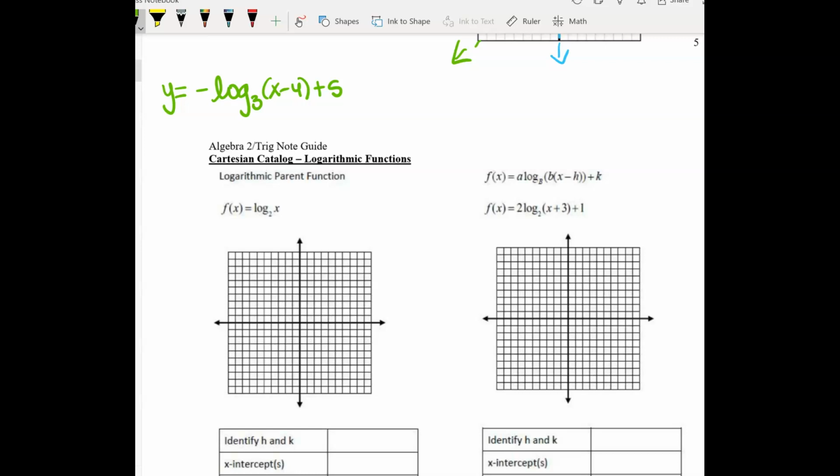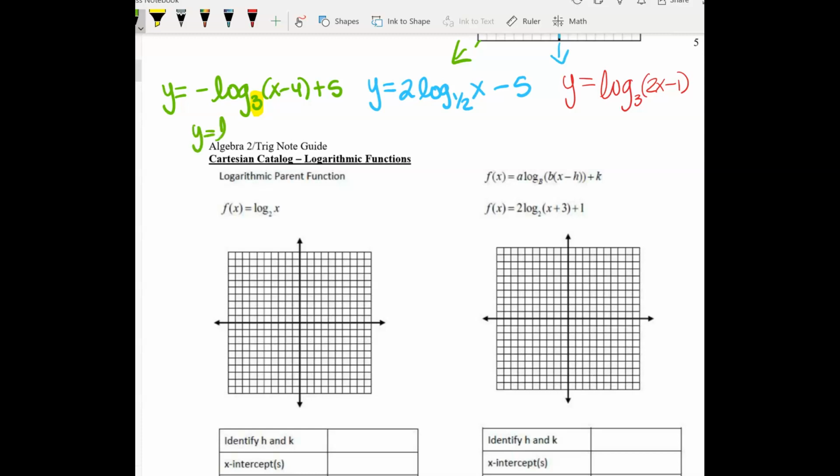Let's say that you were asked to graph any of these particular functions. I've written 3 different ones here. When I look at the first one, this logarithm has a base of 3. That means the 3 is not a transformation.